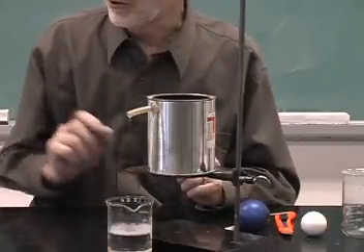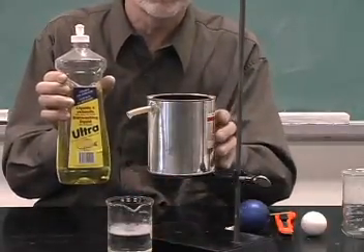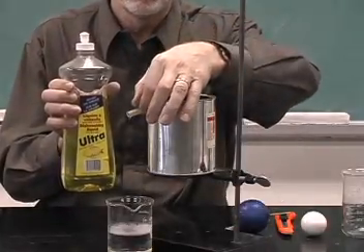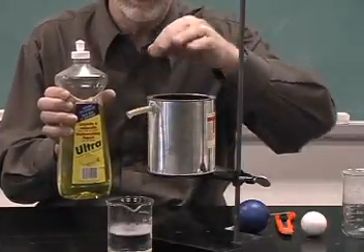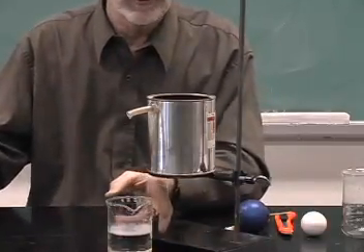To reduce that surface tension, you can add a small amount of dish detergent to the water, which prevents the water from actually plugging up the tube and it makes the displacement of the water a little bit easier.